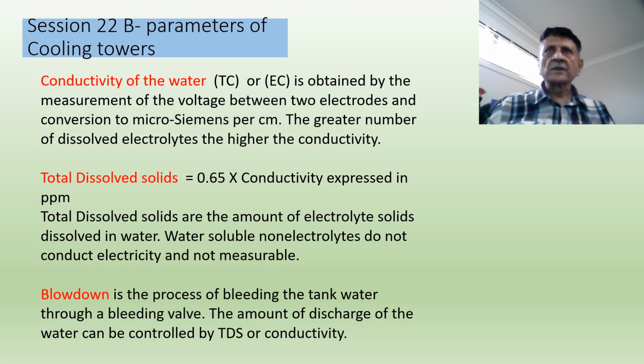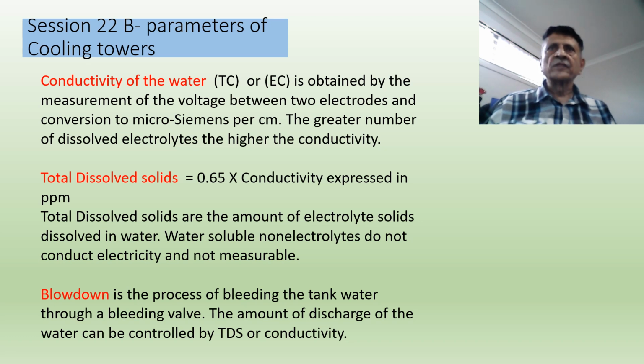We have dealt with some of these parameters in the cooling towers, but I thought it would be pertinent to just go through once again, just to recall your memory. The conductivity of the water, you call it total conductivity TC, or electric conductivity, is actually obtained by the measurement of the voltage between two electrodes and measured in microsiemens per centimeter.